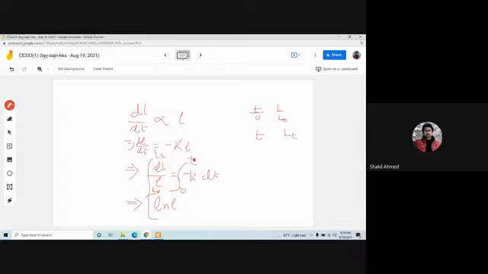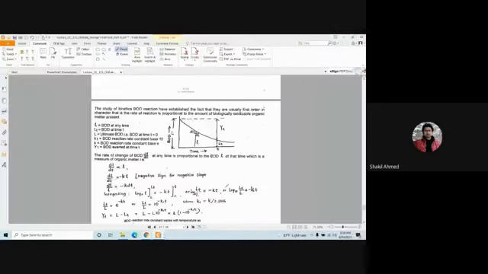Clear? Yes, sir. So if you integrate this constant, t, 0 to t, you'll get this. Okay. Now from here you can write log.